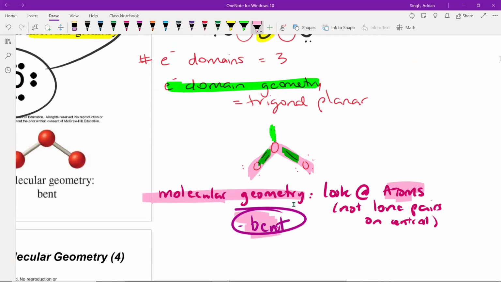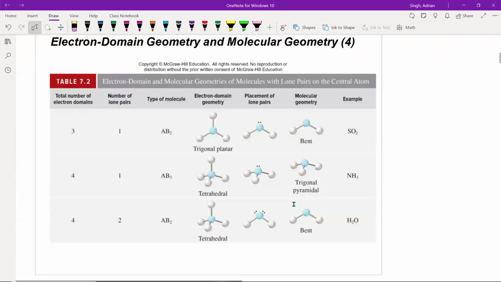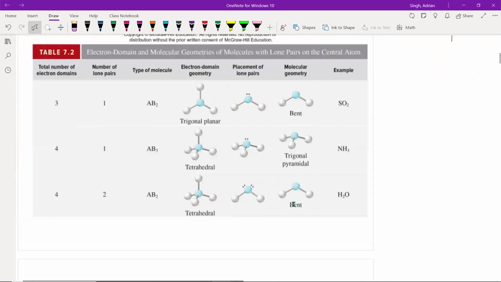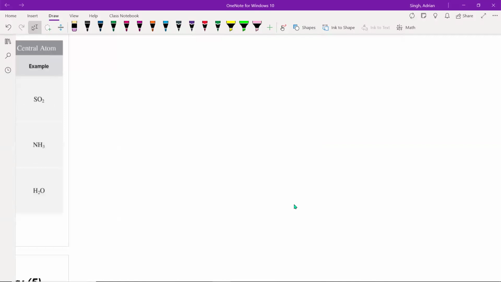If we take a look at other examples where we have now more than 3 electron domains around the central atom. So for instance, let's do ammonia as another example.